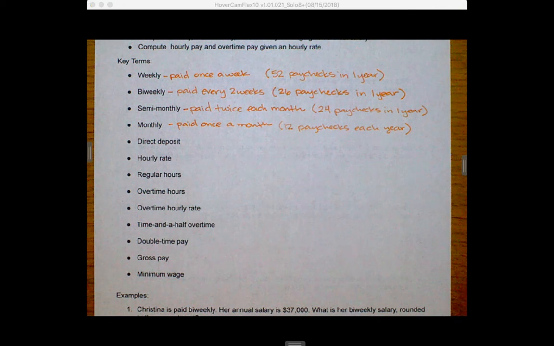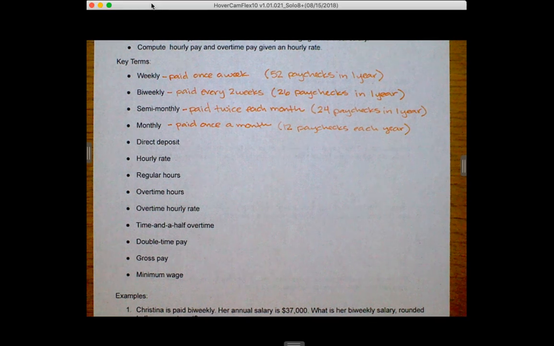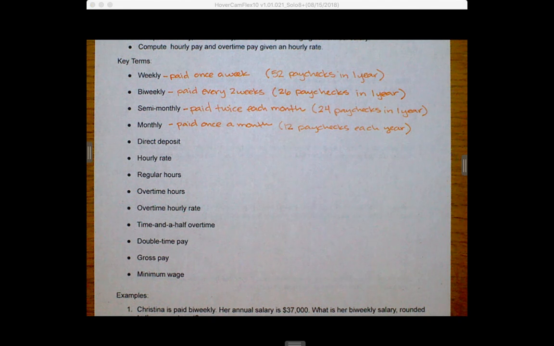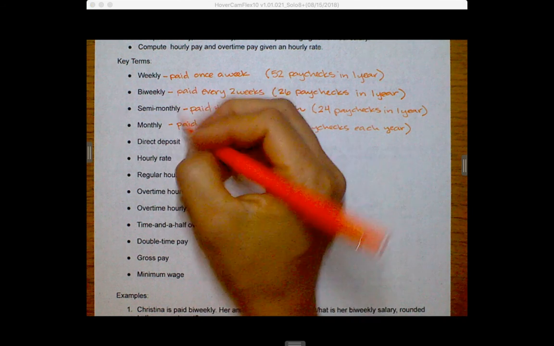Okay, now I know that we have talked about direct deposit before. Okay, and so remember, direct deposit is when they are taking your paycheck, and instead of giving you an actual physical check, they are directly putting it into your account.